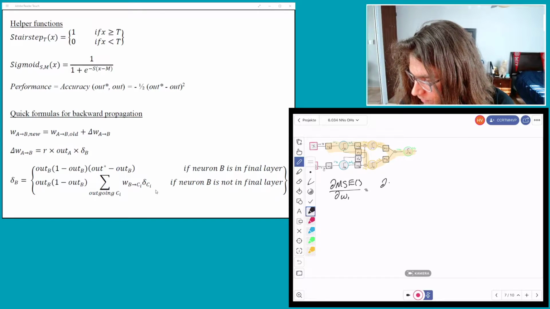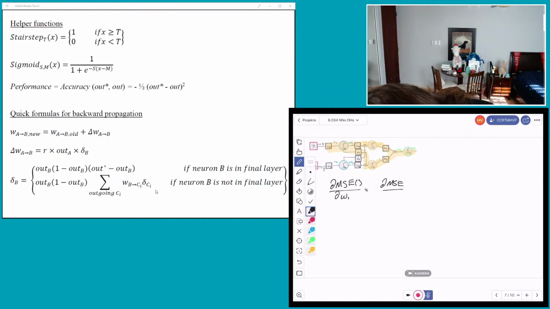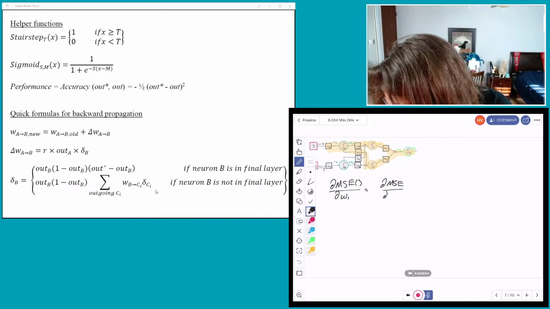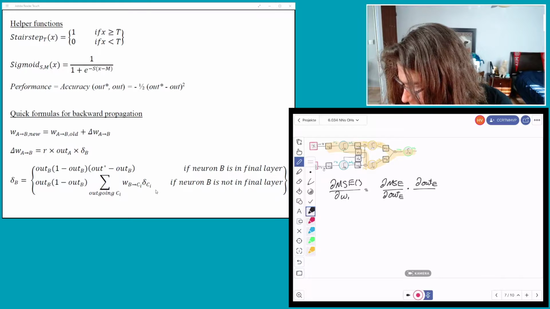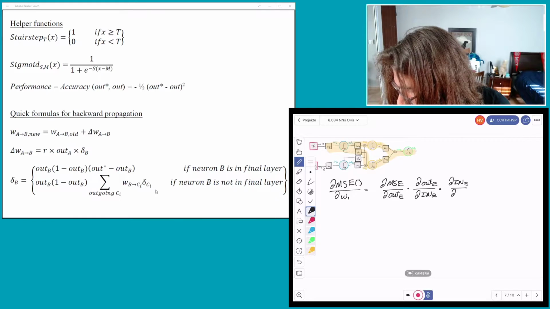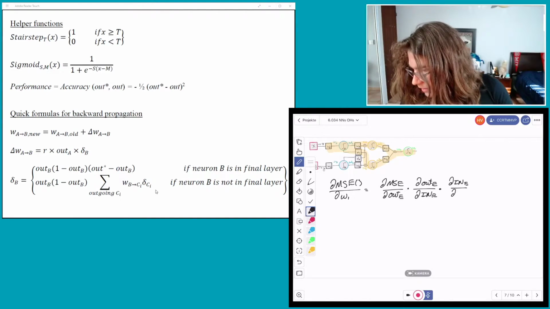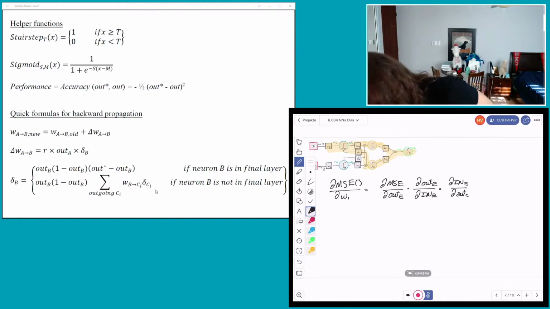Okay, so this is the derivative of the mean squared error with respect to the output of the network, which is, sorry that I'm so close to the mic, out E. With respect to out E. Then this is a partial derivative of out E with respect to in E. And now this is the partial derivative of in E with respect to out C. Yes.